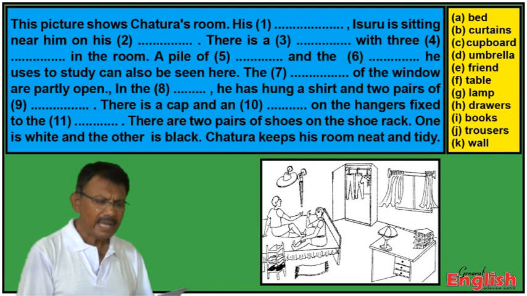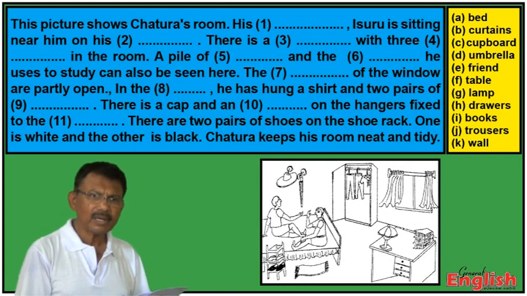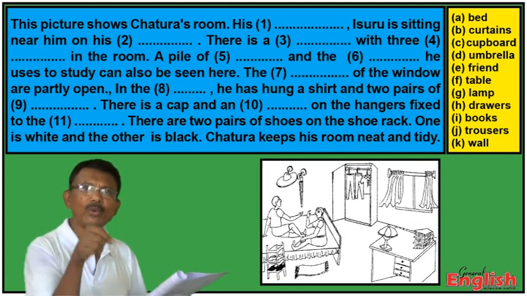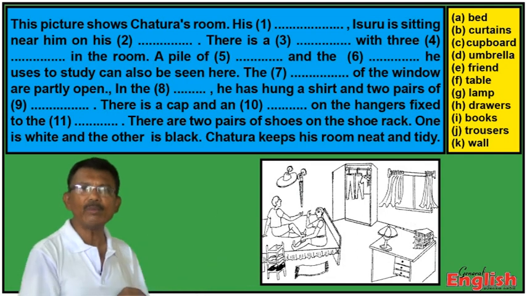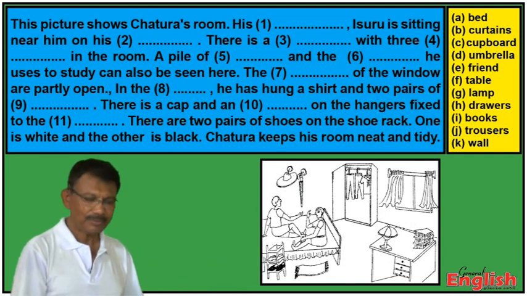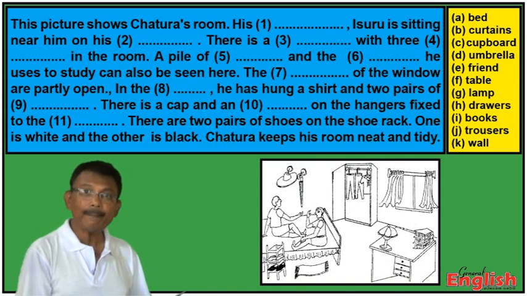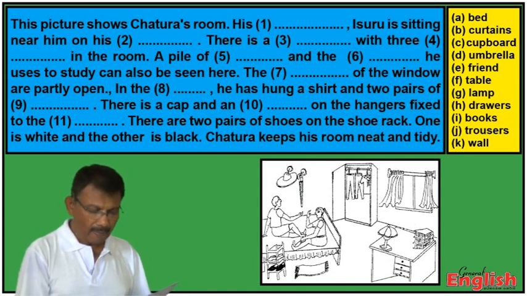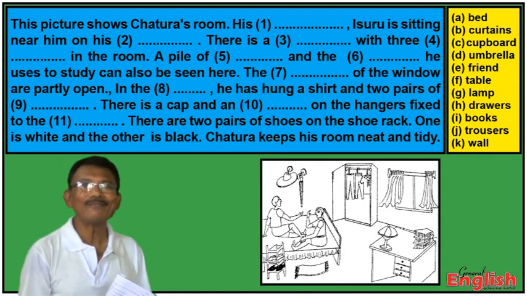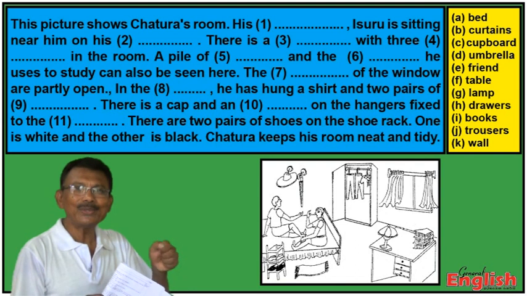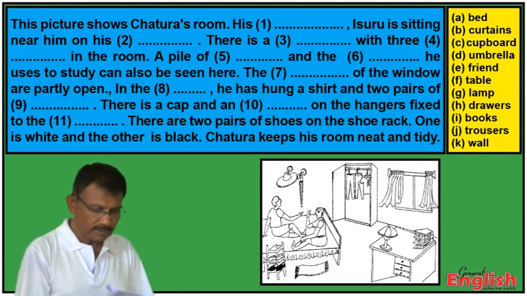You know hangers. Hangers are a kind of thing that we use to hang clothes. We fix them on the walls. Wall hangers, right? So there is a cap and an umbrella on the hangers. Hangers are usually fixed to the wall.